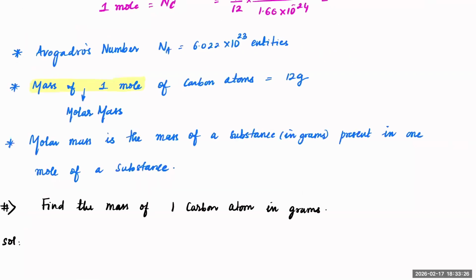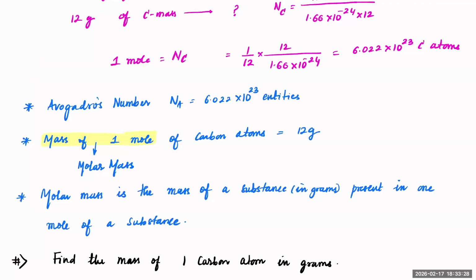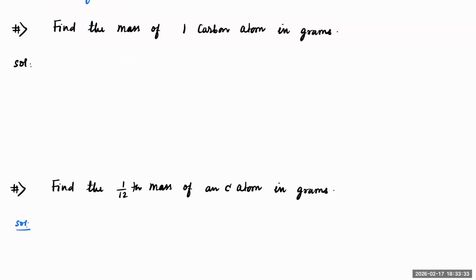Now using these terms, whatever we learn, see how the questions can be asked. First thing is find the mass of one carbon atom in grams. So what I can write here, beta, you know that mass of Na number of carbons, that is Avogadro number of carbons, is equivalent to 12 grams, correct? Because Na number of carbons means we have 1 mole of carbons.